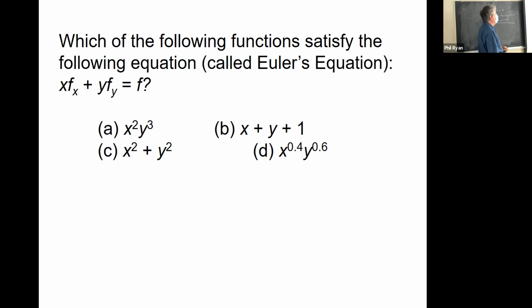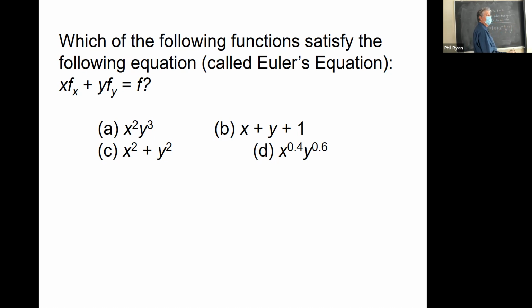What's the partial derivative of that with respect to x? Down comes the power, which is 0.4, x to the 0.4 minus 1, times y to the 0.6. Then we get rid of the minus 1 when we multiply by x. Plus the partial derivative with respect to y.